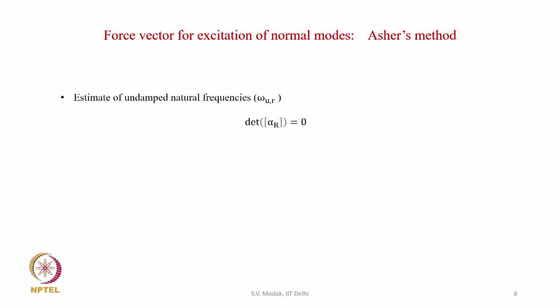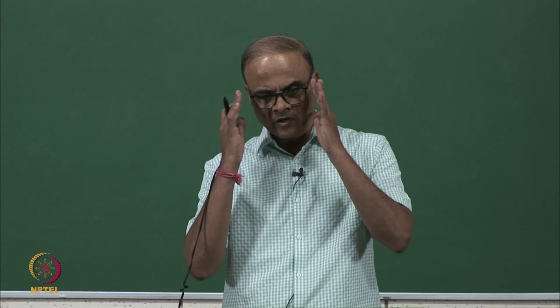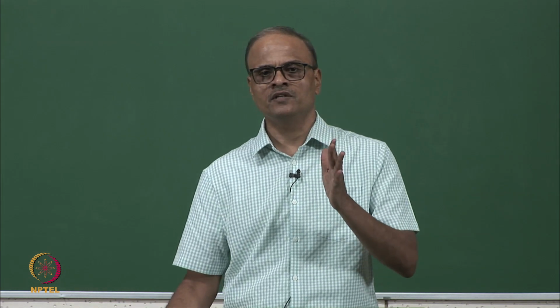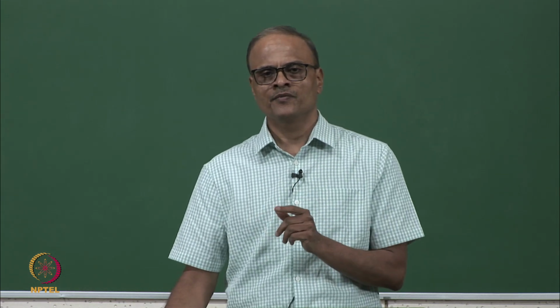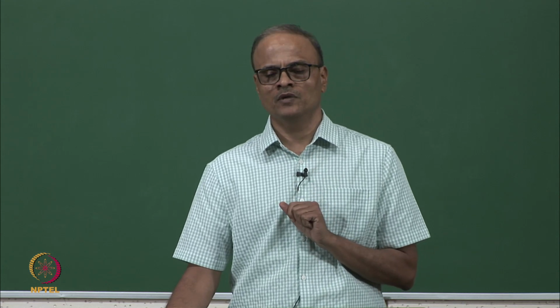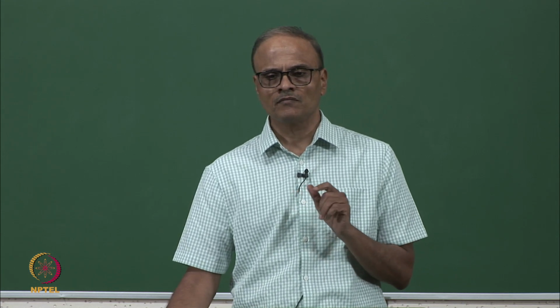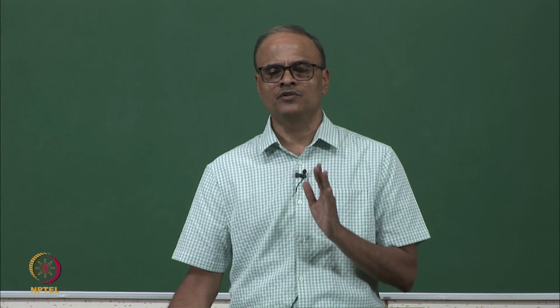So if we have the measured FRF matrix, then we will have a certain frequency range over which those FRFs would be available. For each discrete frequency in the frequency range, we can find the determinant of the real part of the FRF matrix and check whether it is equal to 0 or not.